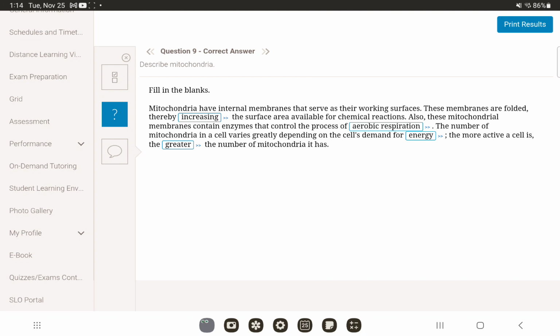So basically, this just means that the mitochondria's membrane is folded so that the reaction works better because there's more area for the reaction to occur. Also, these mitochondrial membranes contain enzymes that control the process of aerobic respiration. Yes.